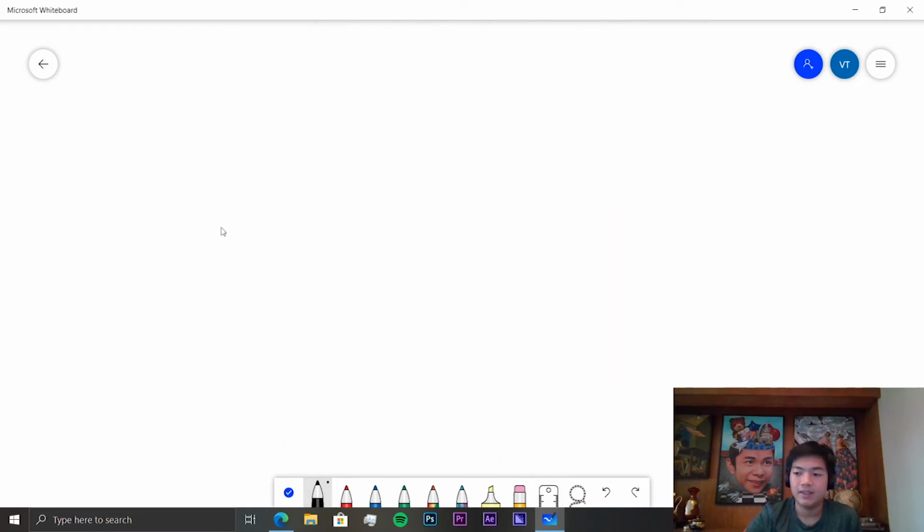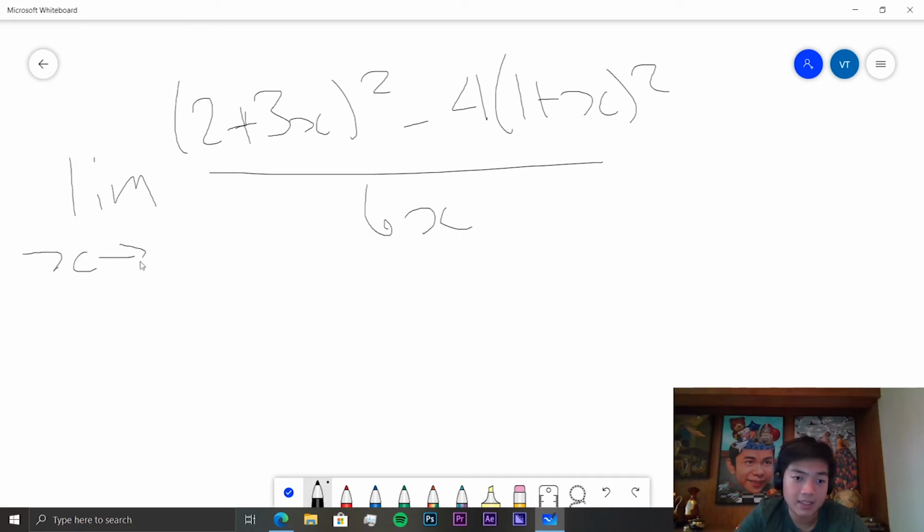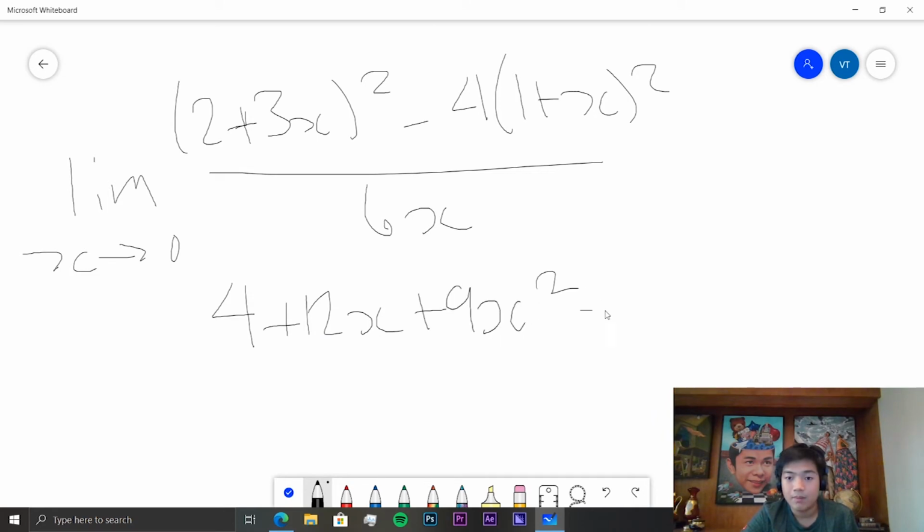Okay, finally, we have the limit of (2 plus 3x) squared minus 4 times (1 plus x squared) over 6x as x tends to 0. So the first thing I would do is try and simplify this expression. So we have 4 plus 12x plus 9x squared minus 4 minus 8x minus 4x squared.